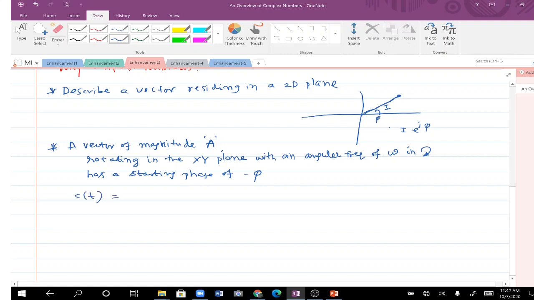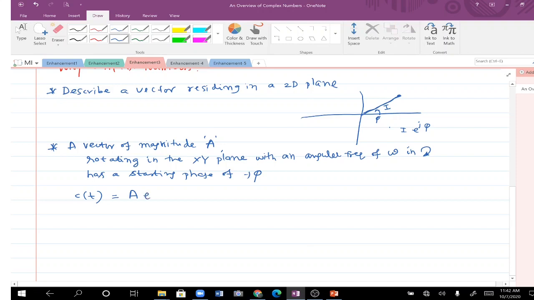Now given this, pause your video and work out how you represent this vector in terms of a magnitude-phase based complex number. Okay, so the magnitude is capital A and its initial phase is phi.